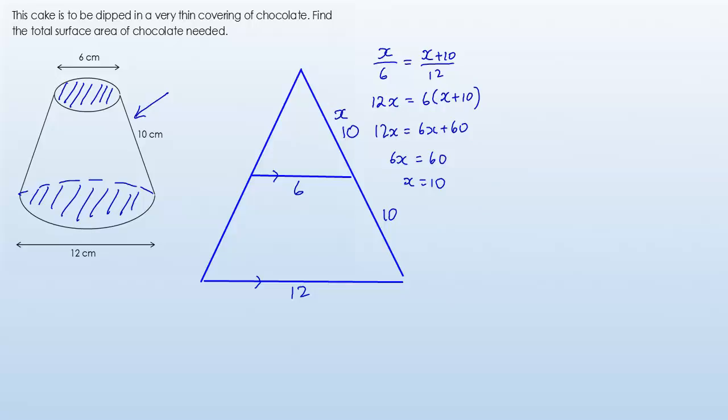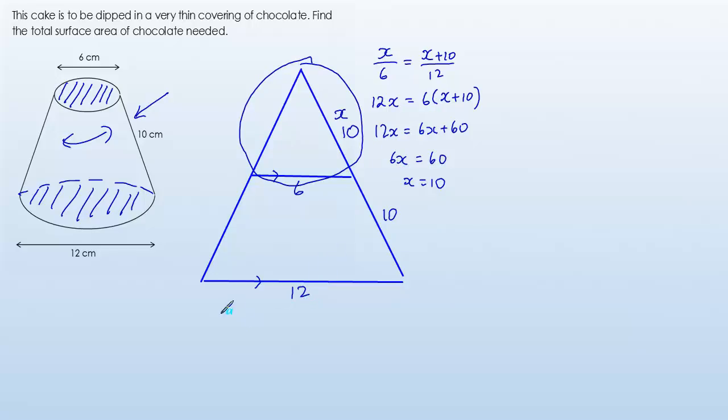So now, to get at this curved surface here that we actually want, what we're going to do is work out the curved surface of the entire cone and then take away the curved surface of the top bit.